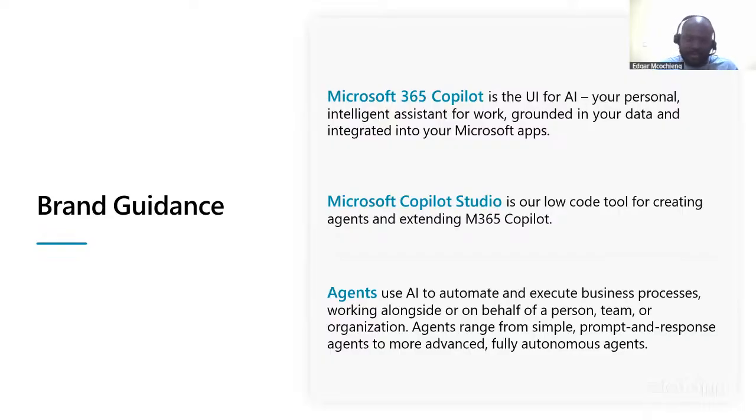You can go to Word, give it a prompt, and it will provide the whole research for you. Or maybe in Excel, you want to create some formulas. You can use Copilot to help you create that. Maybe it's Copilot for GitHub, where you can use Copilot to help you when you're coding. That's the M365 Copilot. It's the Copilot that is available in each and every app that you can access.